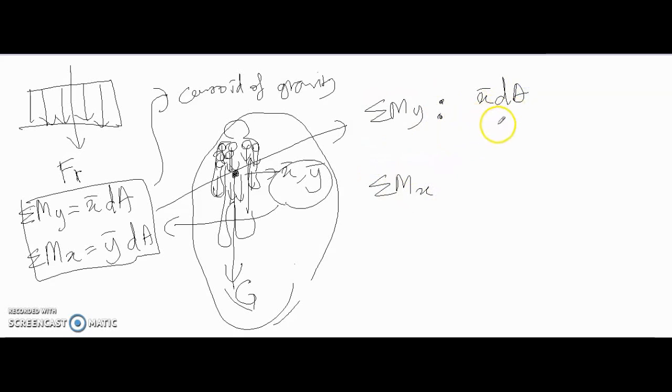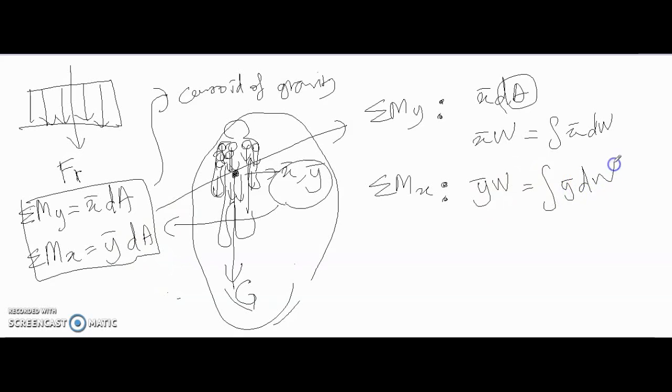For center of gravity, we can change this into weight. So this is equal to the summation of x bar dW, d weight, okay. And for y bar, we can also change the area into weight. This one is equal to y bar dW.